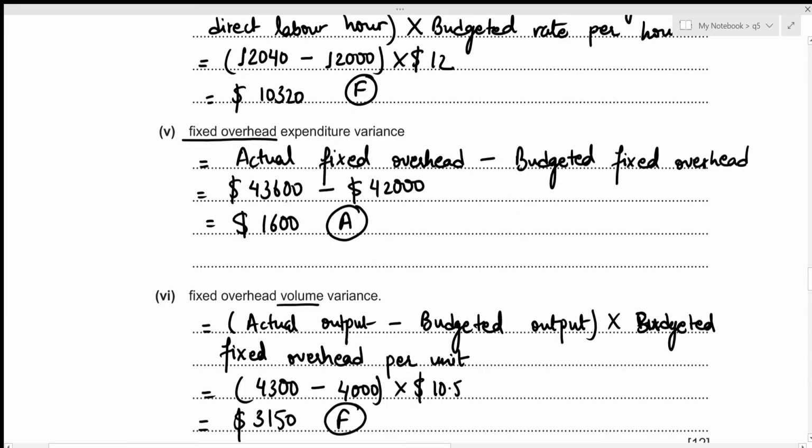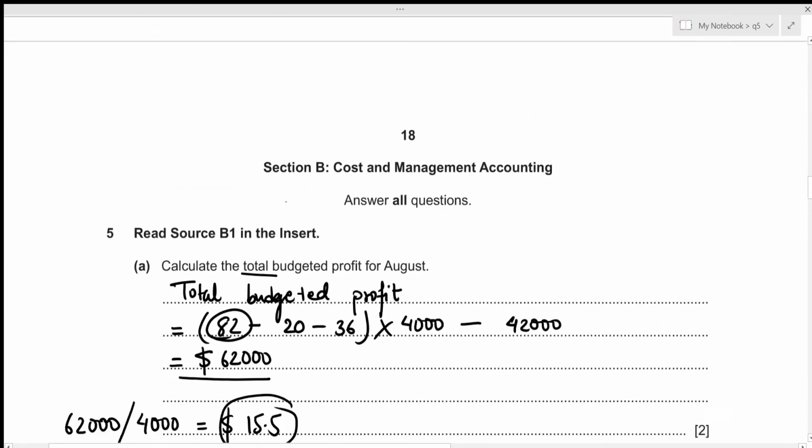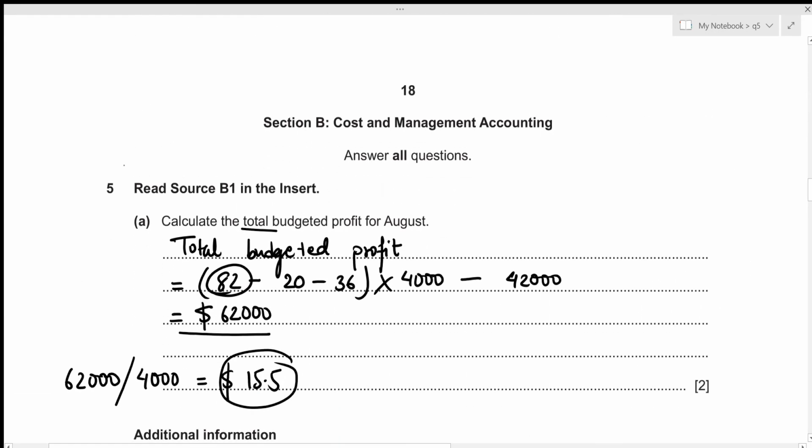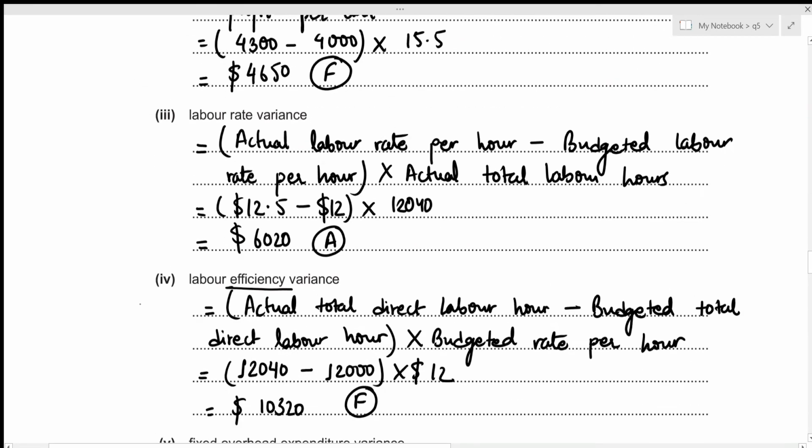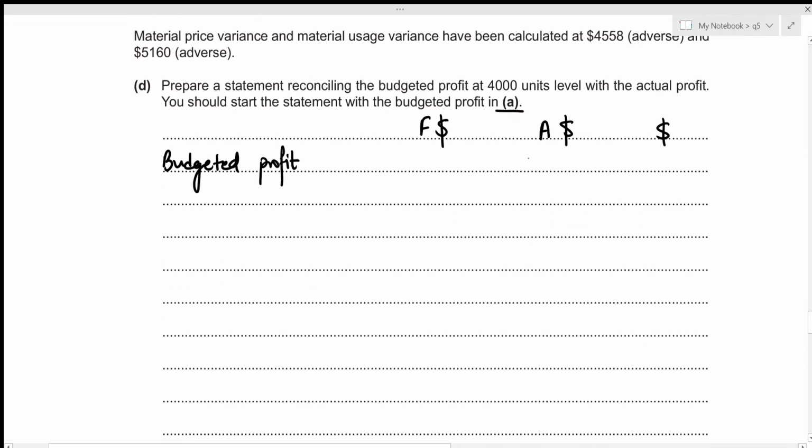Let's have a look at our part A. We figured the budgeted profit to be 62,000. So let's substitute this value. And we are reconciling the budgeted profit to the actual profit, right? So we will be adjusting 4 factors.